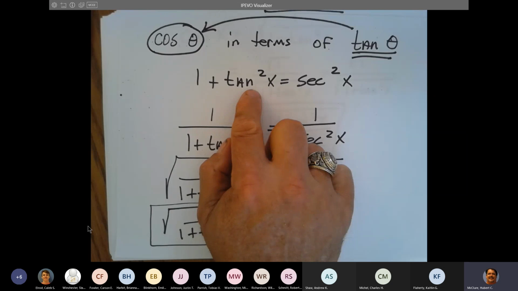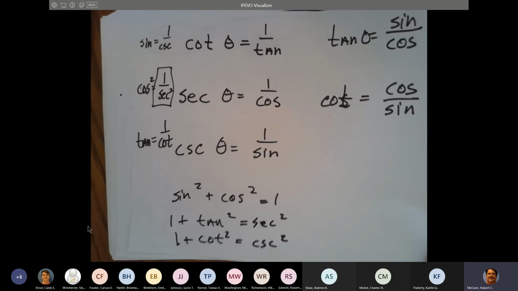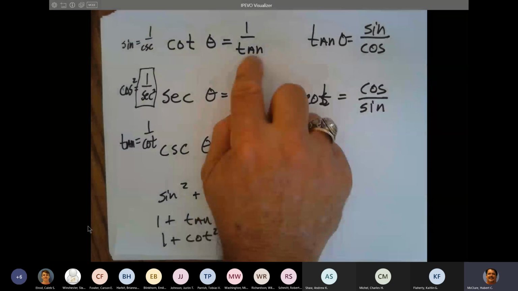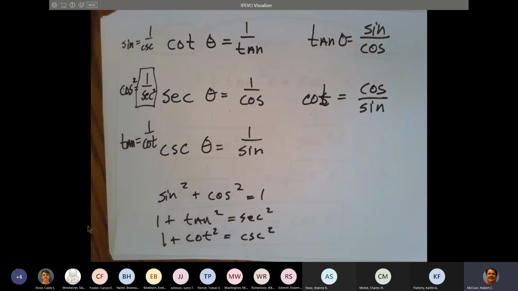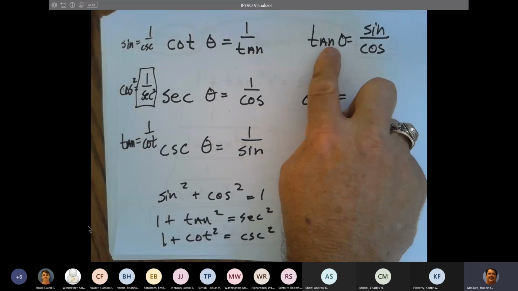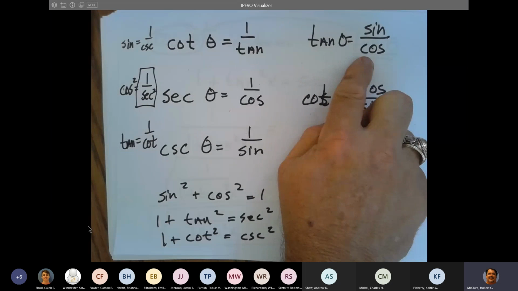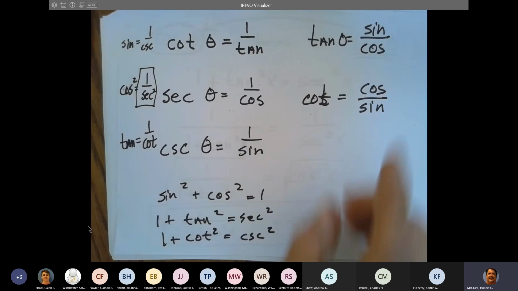So let's go back to the identities that we wrote down so far. This has got tan in it, but it goes to cotan. That doesn't help us. Got tan right here. We could rewrite tan in terms of cosine. Yes, you could. That could be a way to do it.